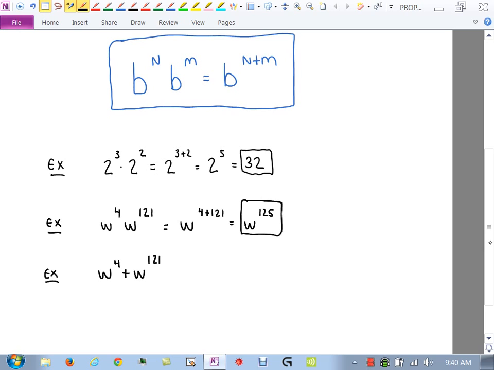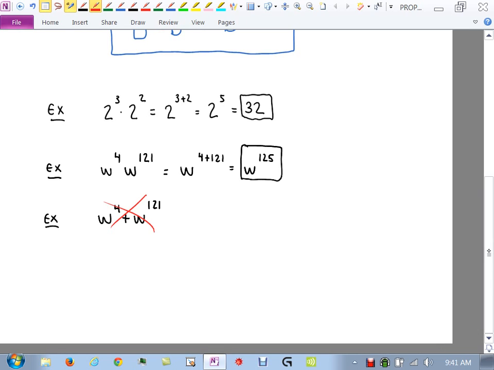It doesn't have anything, and when we don't have anything, what is implied? Multiplication, all right? So even though there's not anything there up in this property, that is a multiplication here. Therefore this is addition, which means this property does not apply, which means this does not add up and become w to the 125 again. So what is this? Well, the property doesn't apply. I just want to make sure you don't confuse it, okay?